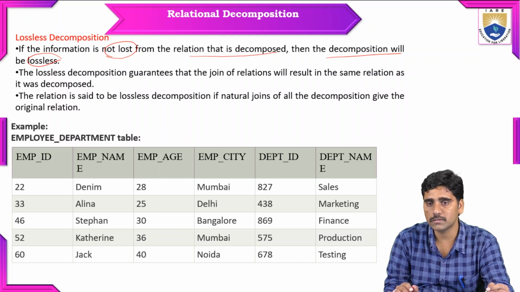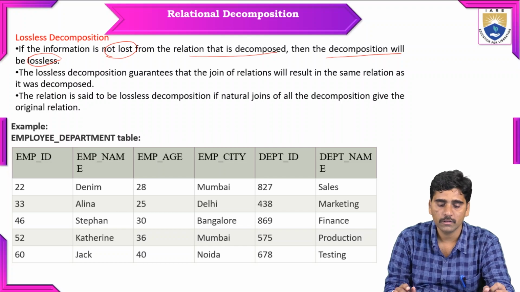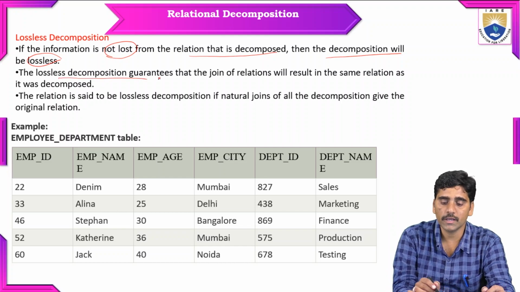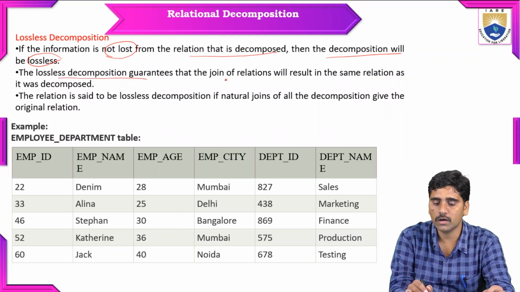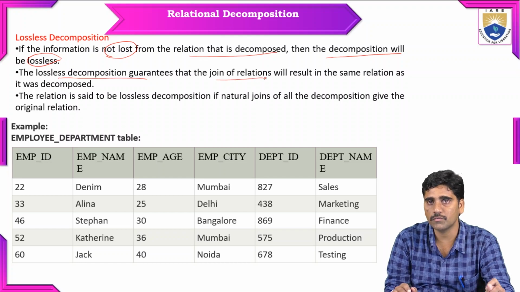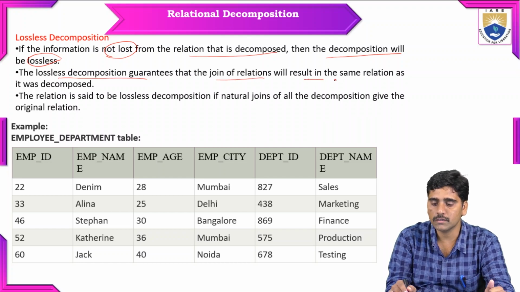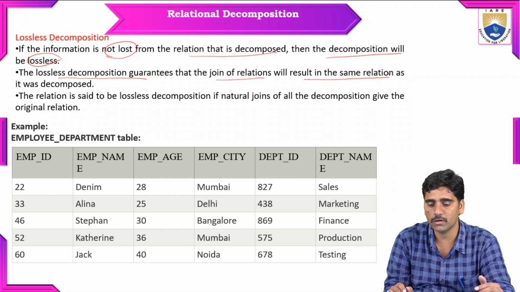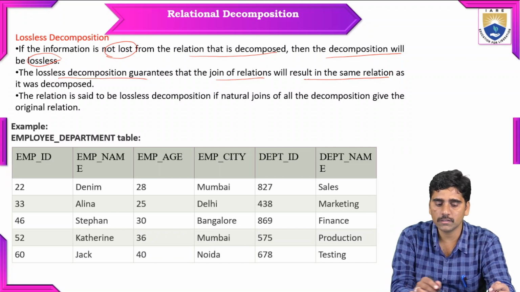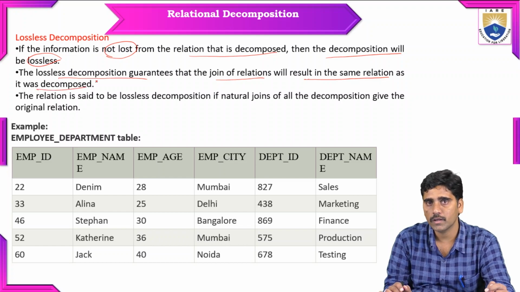At the time of the decomposition process, if no data loss occurs, then it is treated as a lossless decomposition. The lossless decomposition guarantees that the join of the relations will result in the same relation as it was before decomposition.